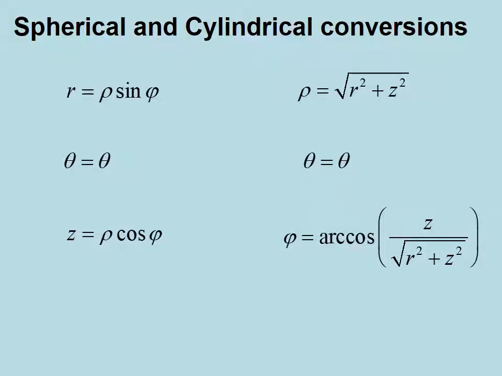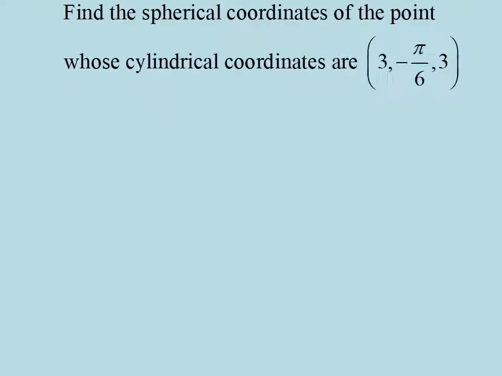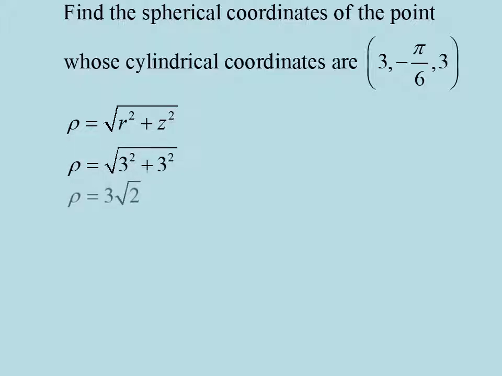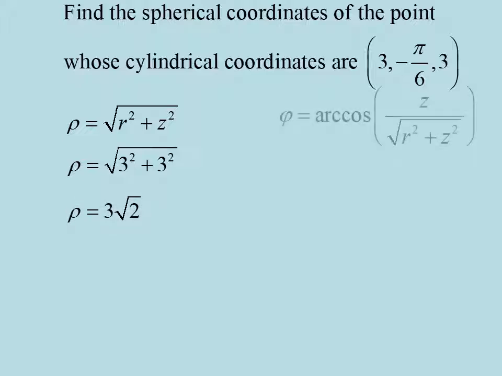And here's all of those put together on one slide. And I have this on a handout in another place. So if we wanted to find the spherical coordinates of this point in cylindrical coordinates, we take the rho equals square root of R squared plus Z squared, substitute, and simplify, and we get the rho.